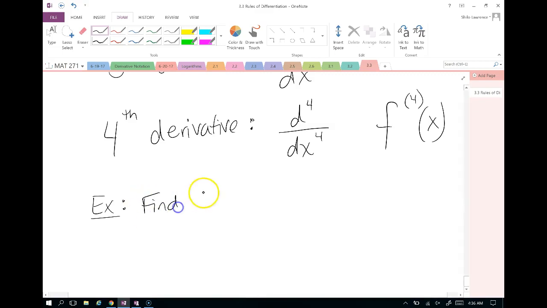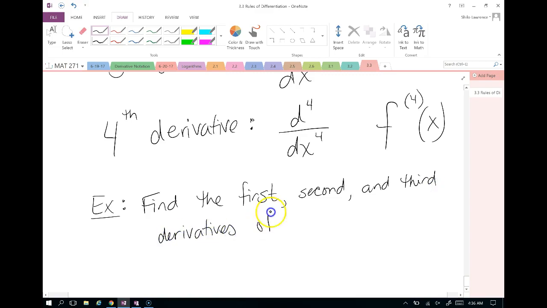We are going to find the first, second, and third derivatives of f of x equals x to the fifth plus 9e to the x plus square root x.